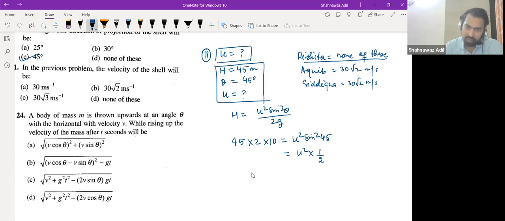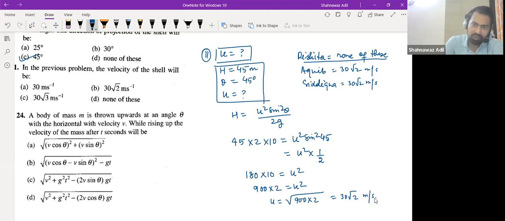So this is 180 into 10, and then U square. So this is 900 into 2 and U square. So U is root of 900 into 2, which is 30. Yes, where was the calculation mistake? Did you find, Rishita?